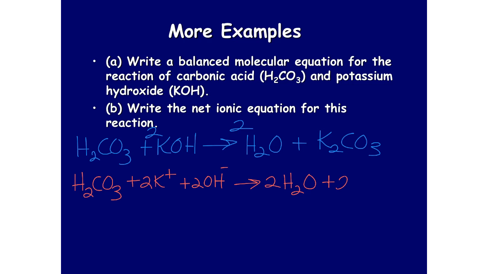We do split apart the potassium carbonate because that is a soluble ionic compound. Group 1 ions are always soluble in water. All right, then we cancel out any of our spectator ions and rewrite what is left over.